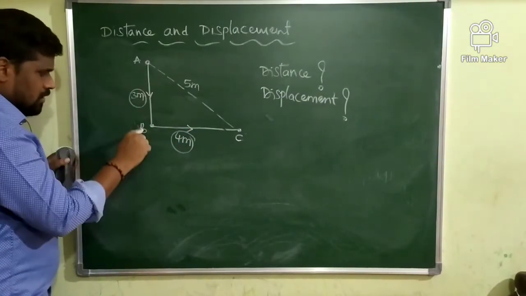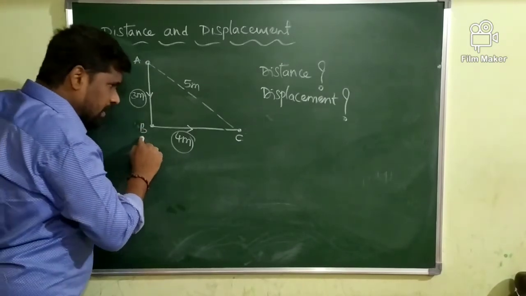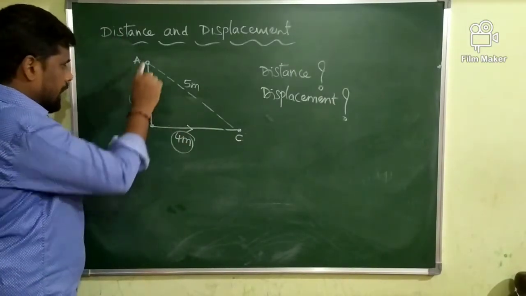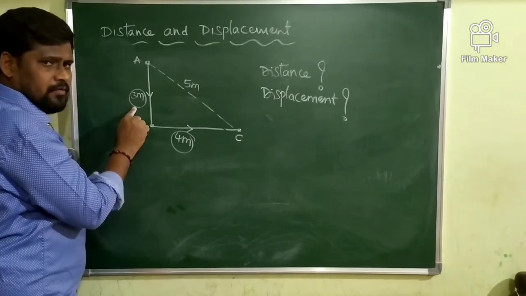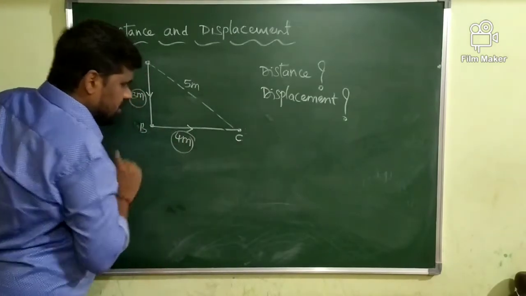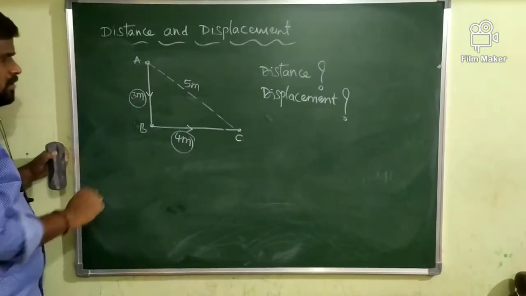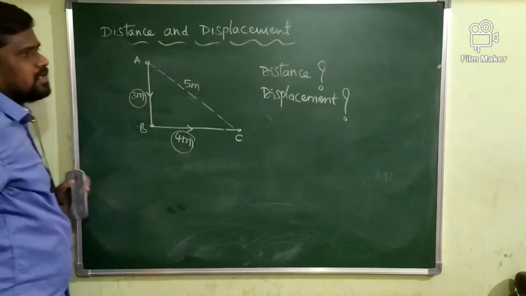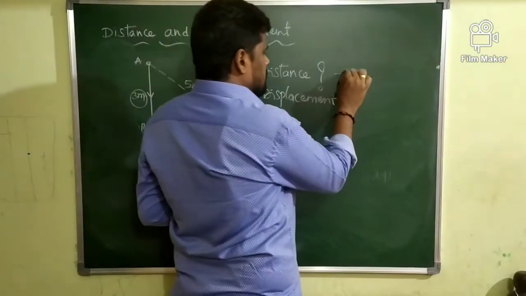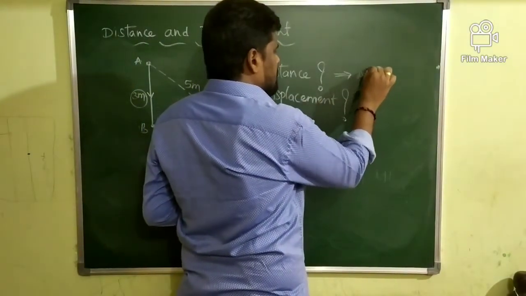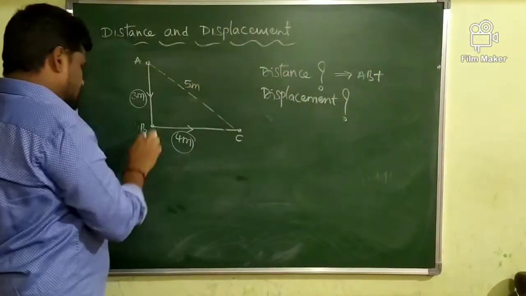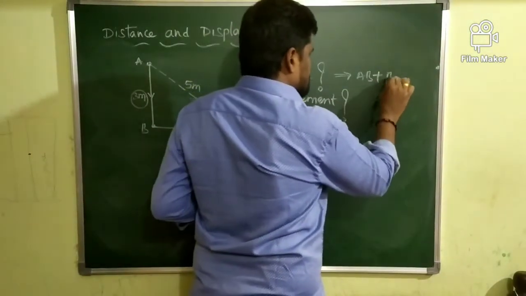Starts from A, reaches B. From B it reaches point C. A to B it is covering a length of 3 meter. B to C it is covering a length of 4 meter. What is the total path length here? The total path length covered by the body is given by AB plus BC.